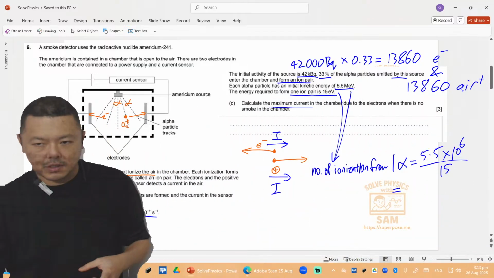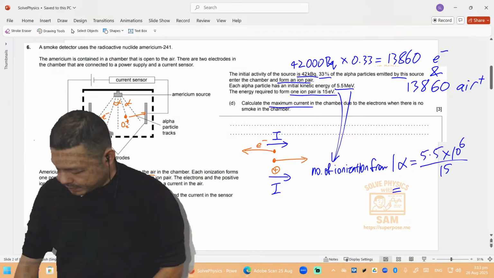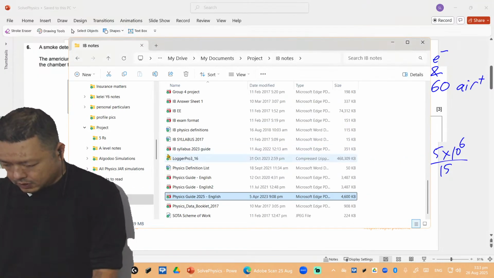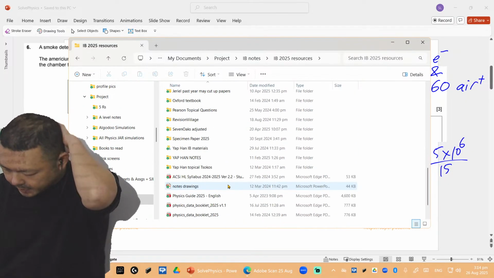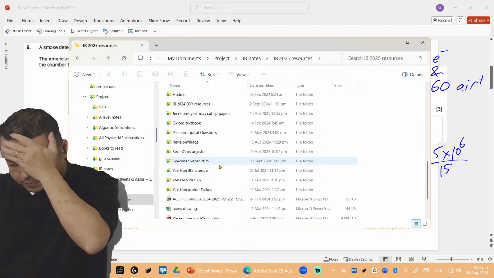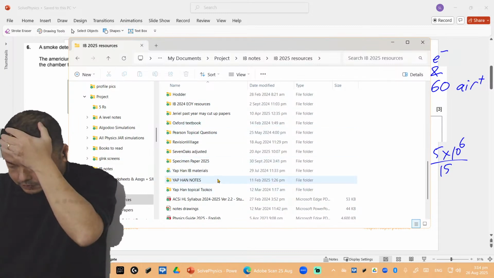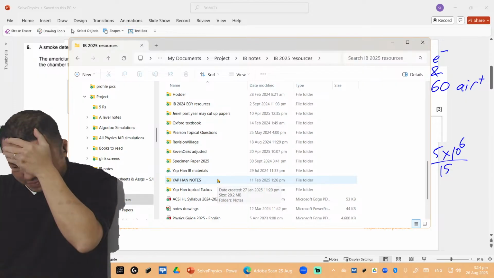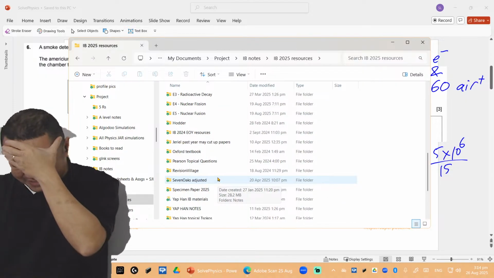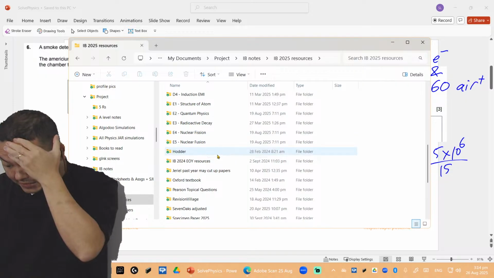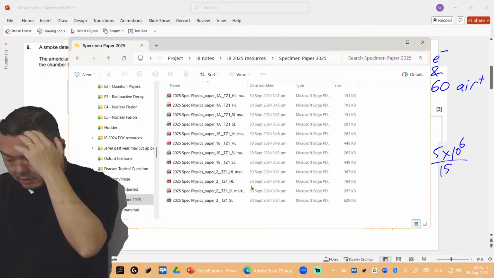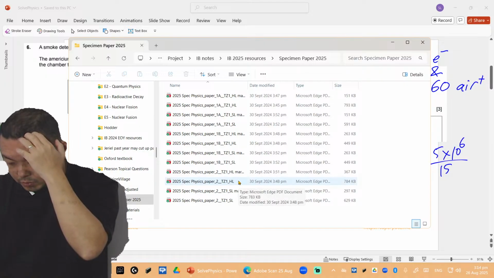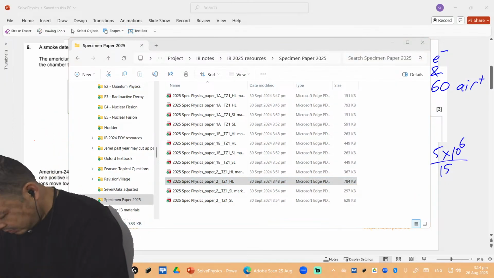This is the spec paper question. You want me to print out for you? Hang on. This one's the SL question also. Yeah, Specimen 2025, paper 2, HL.